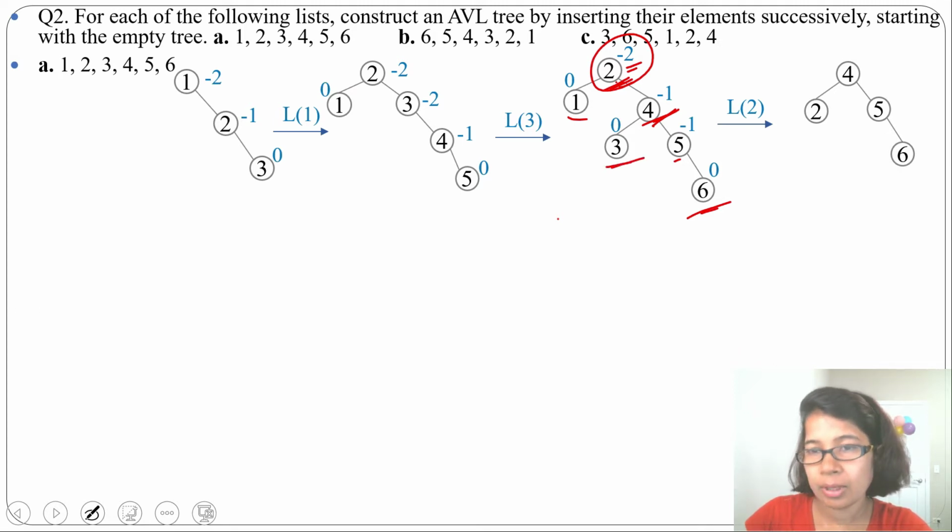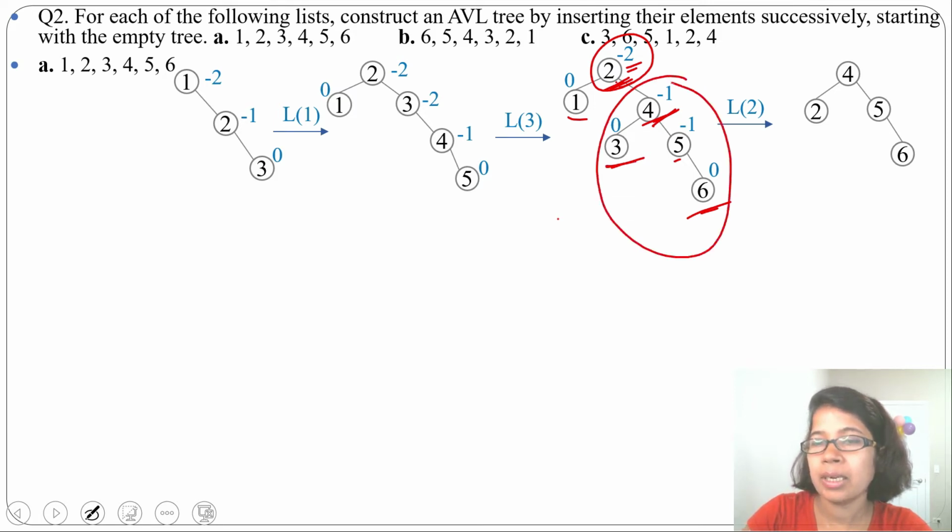This 3 will be right child of 2. Previously 3 was in the right subtree, now 3 will be in left subtree. So for 2, its left child is 1, right child is 3. Just mark what will be the new parent. When we are doing L rotation of root, its immediate right child will be the new parent.